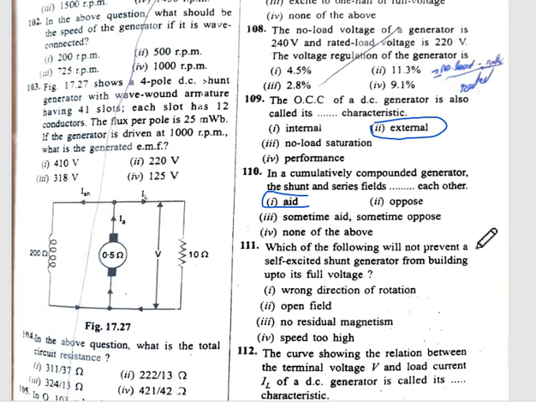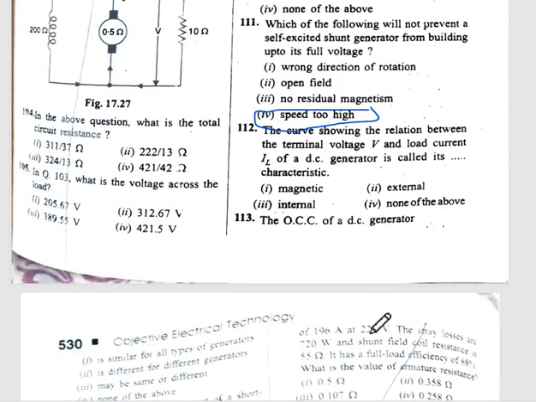Which of the following will not prevent a self-excited shunt generator from building up to its full voltage? Speed too high. The curve showing the relation between the terminal voltage and load current IL of a DC generator is called its external characteristics.